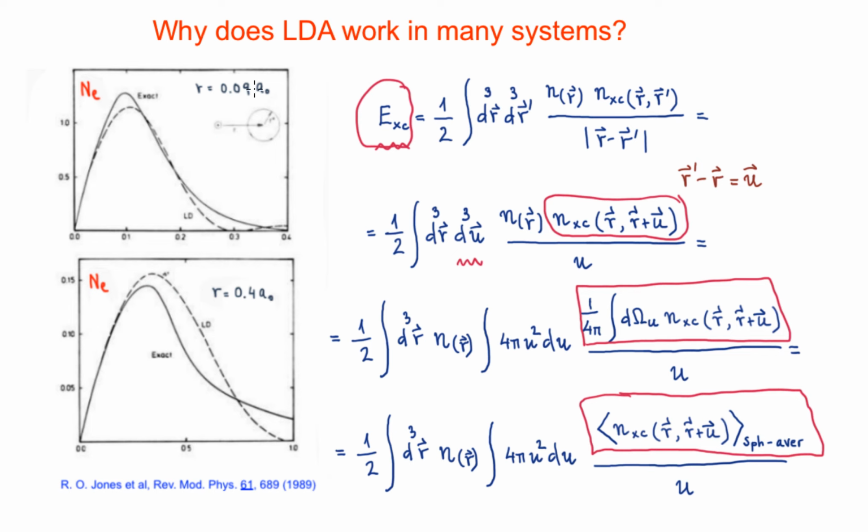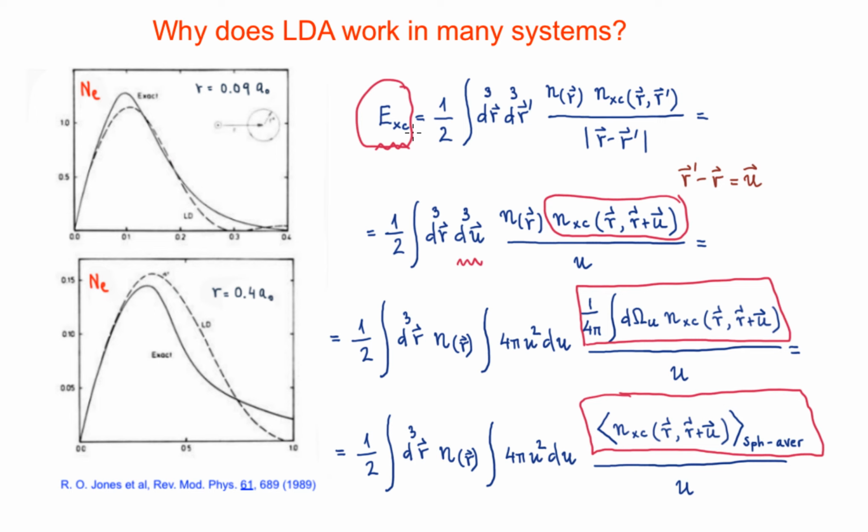So why does the LDA work in so many systems? It works because the spherical average you get for the exchange hole within the LDA is pretty similar to the exact one, as you can see here for this neon atom.